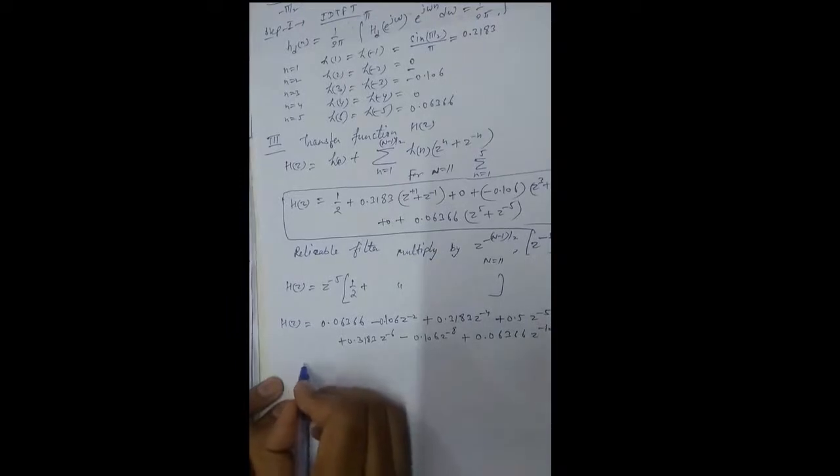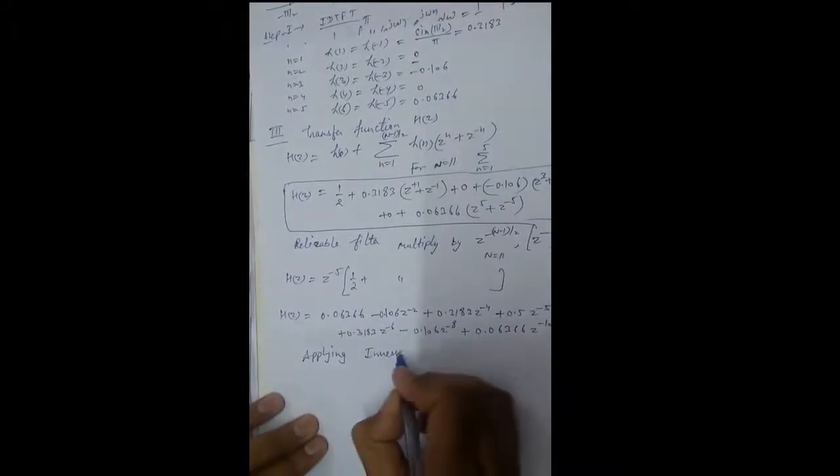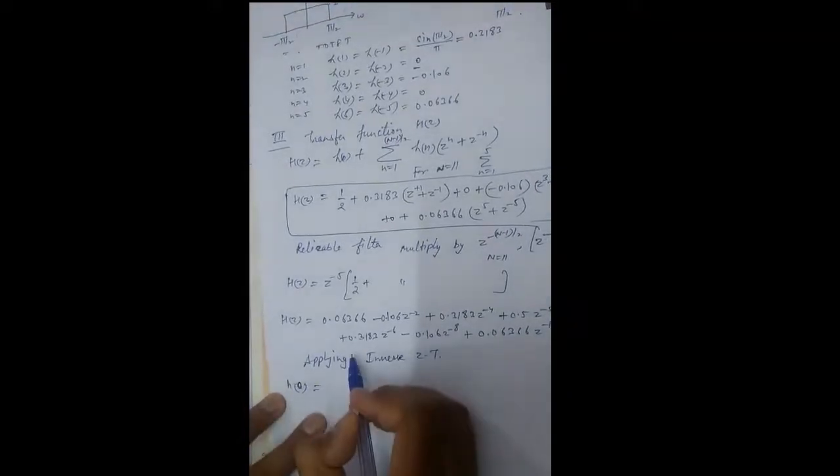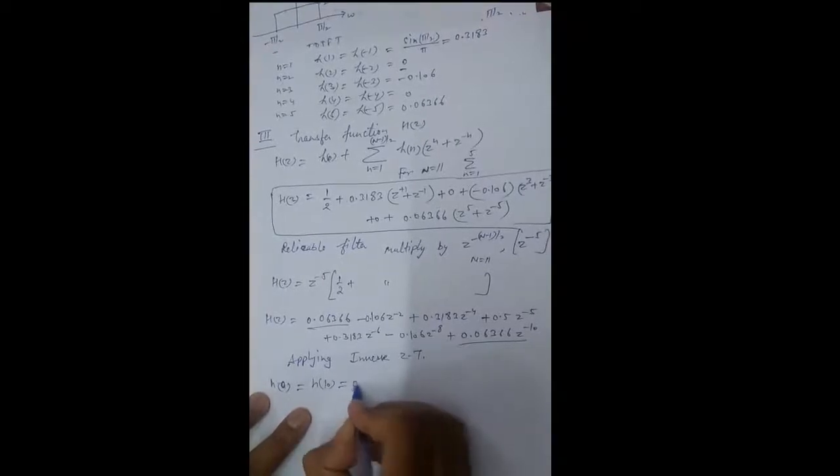And applying the last step, that is applying inverse Z transform, will result in the final h(n). Here I can put the coefficients: h0, because it is symmetric, I know it is symmetric, so h0 and h10 coefficients are same, 0.06366.